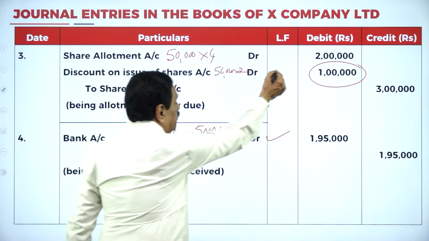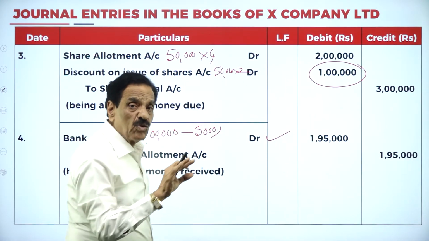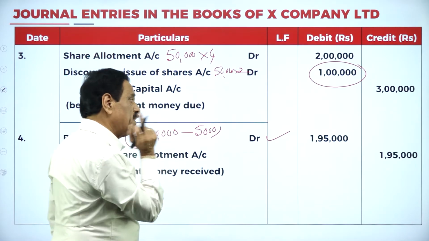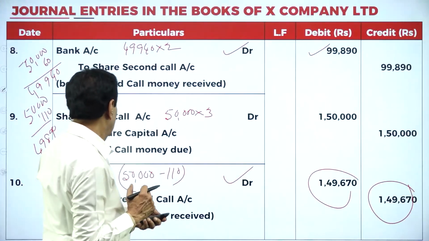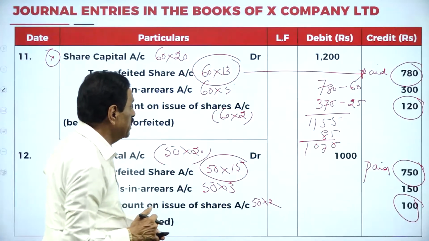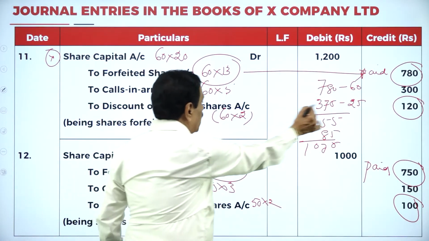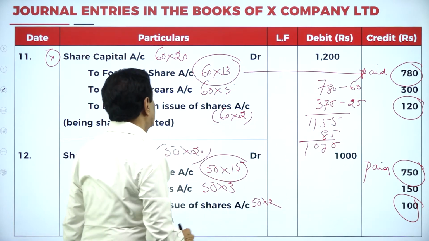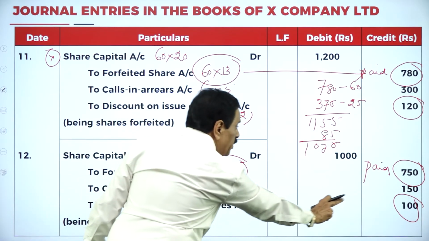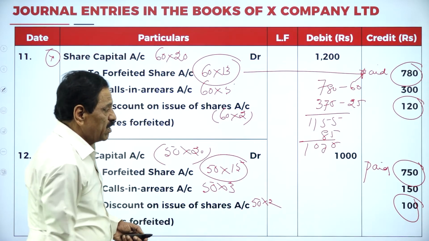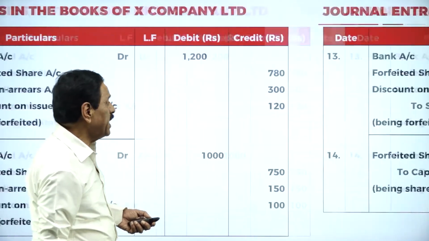Here, your debit entry is 1 lakh. So we could not receive 1 lakh rupees, a debit entry. Then wherever the discount comes, see that. Here discount is how much? 120 is there; these are calls in arrears. Here discount is 100 rupees, so this is a credit entry.